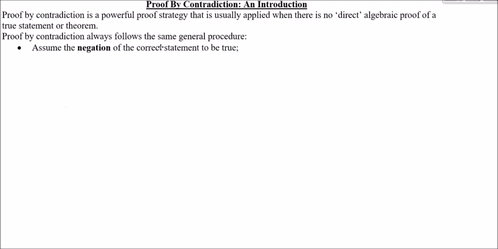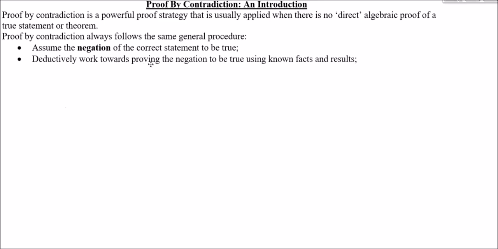So you've got your true statement, you deliberately come along and say, aha, it's not true because, for example, blah, blah, blah. So now we assume the negation is true. And we think, okay then, if that were true, and deductively work towards proving this negation using known facts and results. So we're going to try and get the negation of the true statement to itself be true.